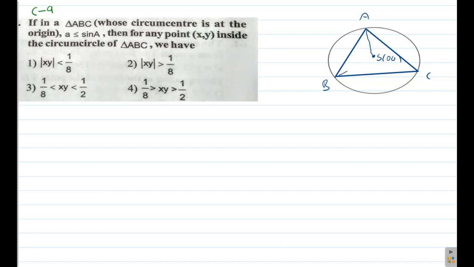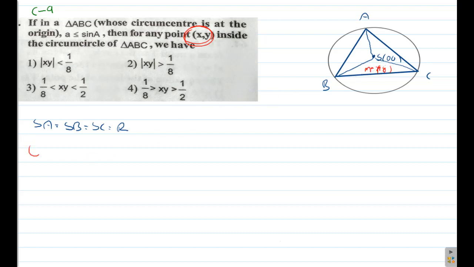So I will take SA equal to SB equal to SC equal to capital R. The important thing is that x comma y is any point inside the triangle. Any point x comma y here, for example, let its coordinates be taken as M.